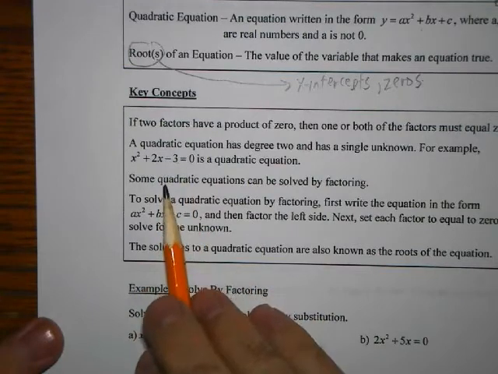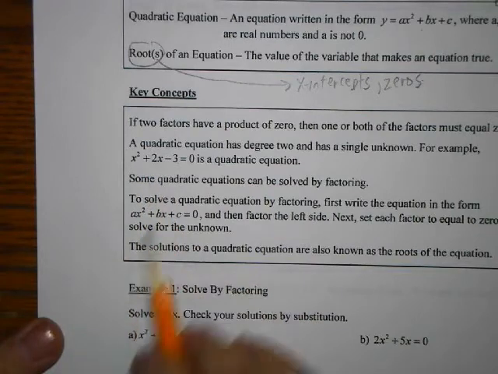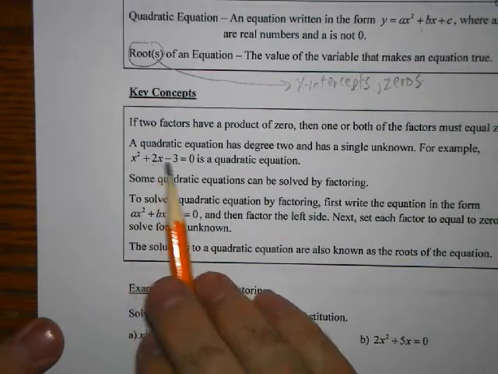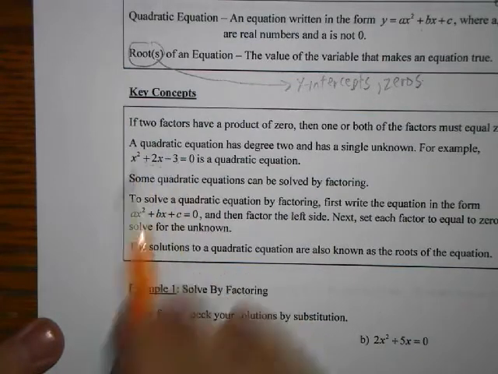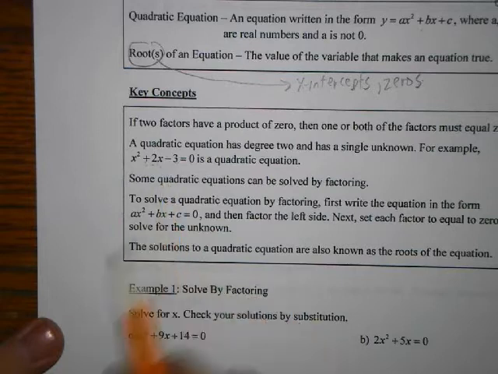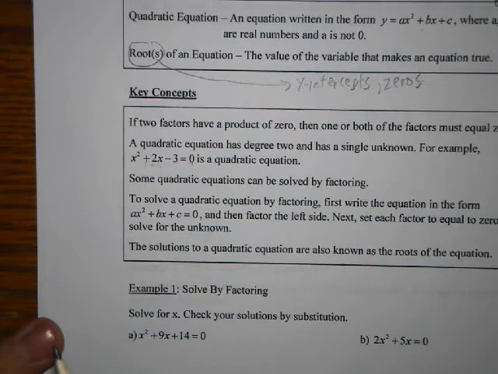So what we're going to do is turn that left side with the x squared, the x, and the constant, and factor that like we did in the previous unit. We're going to factor that quadratic expression on the left into 2 factors that multiply, and the right side always has to be 0. And we're going to figure out our solution that way.